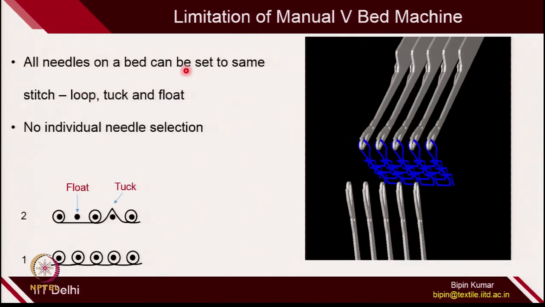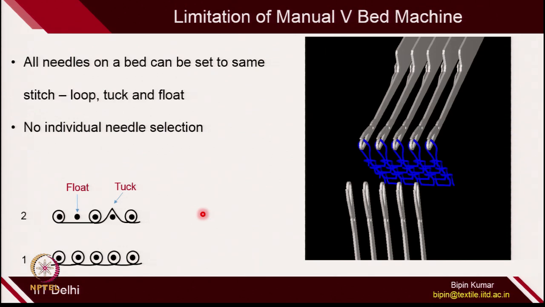So, ideally speaking, there is no possibility for individual needle selections. For example, if you want to create a course where the first needle is making a loop, the second a float, the third a loop, the fourth a tuck and then again a loop, this type of arrangement is not possible on a manual V-bed machine, which is quite popular, because we have no possibility to individually control the needle movements.